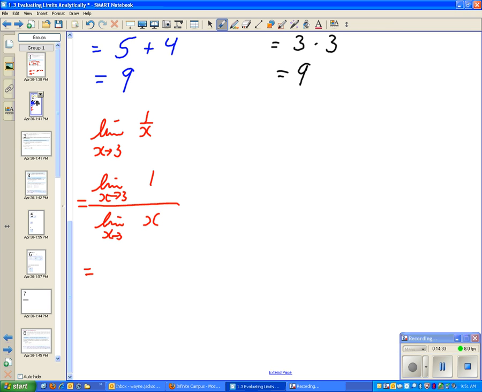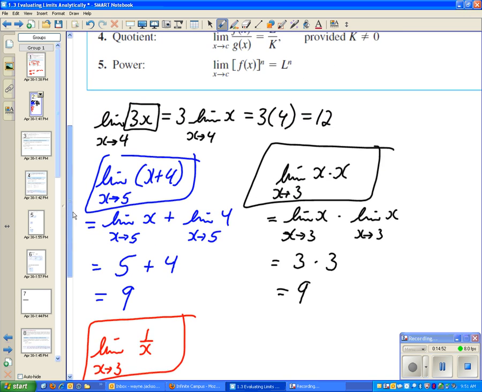What's the limit of 1 no matter what x is approaching? What's the limit of x as x approaches 3? Couldn't I have gotten that real quickly just by substituting 3 in for x right off the bat? Yep. And the last one is the power property.